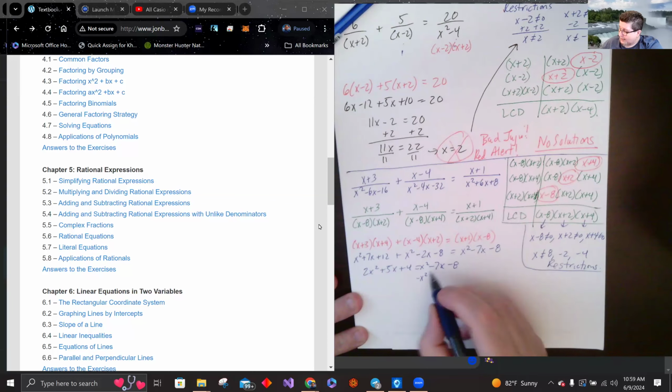Since it's quadratic, or has x squared, I will move everything to the left by subtracting the opposite or adding the opposite. Get x squared plus 12x plus 12 equals 0.